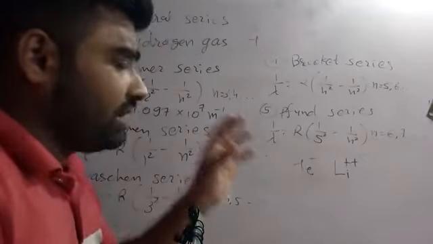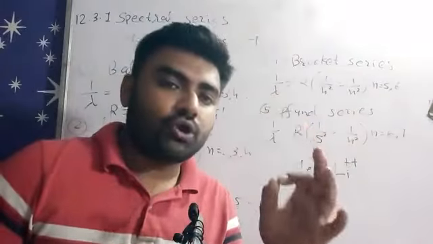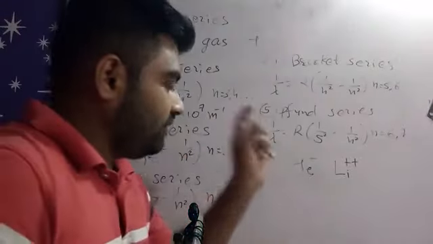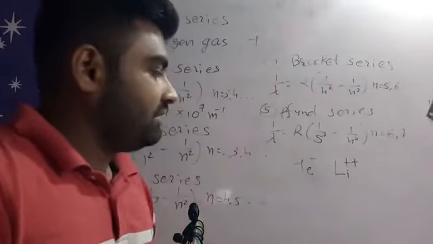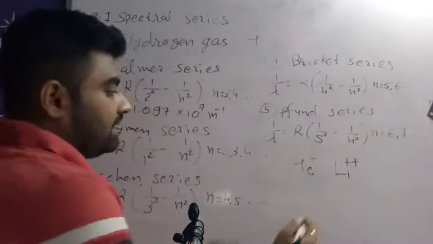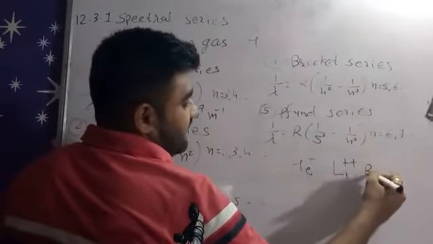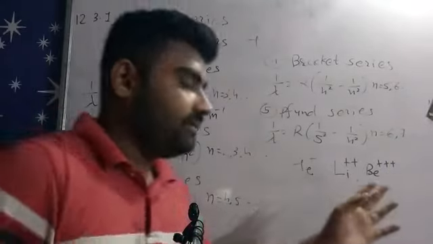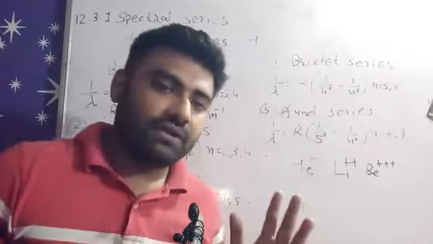Here we are talking only about gases having a single electron. Helium plus means only one electron, lithium double plus means only one electron, and beryllium with three positives means only one electron.